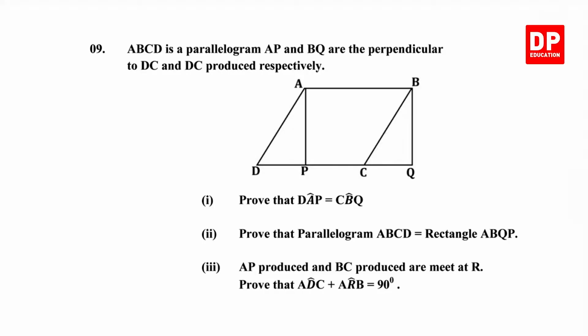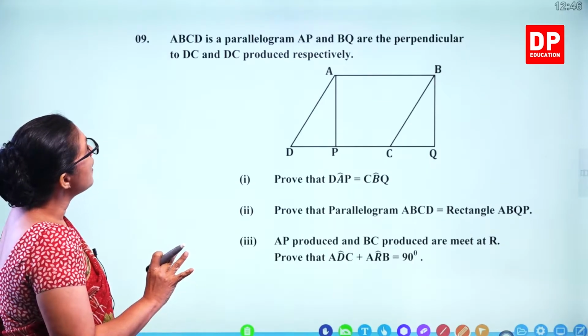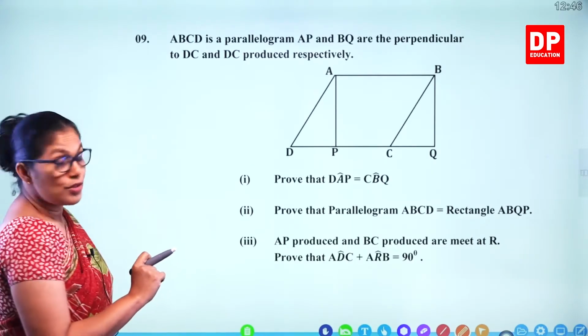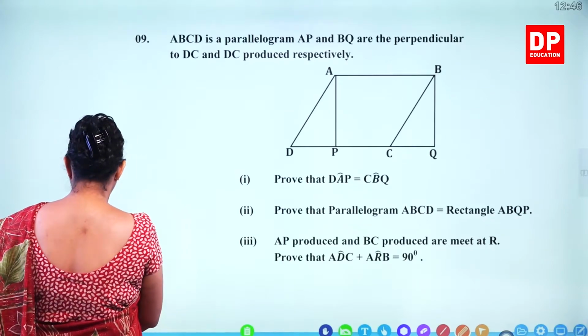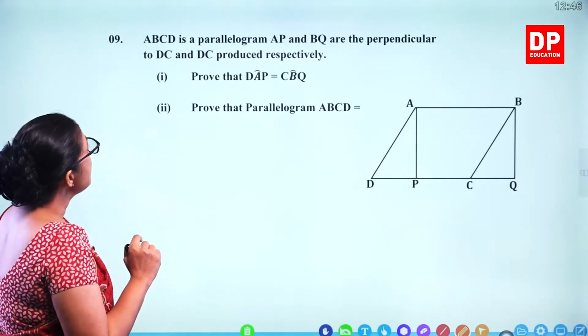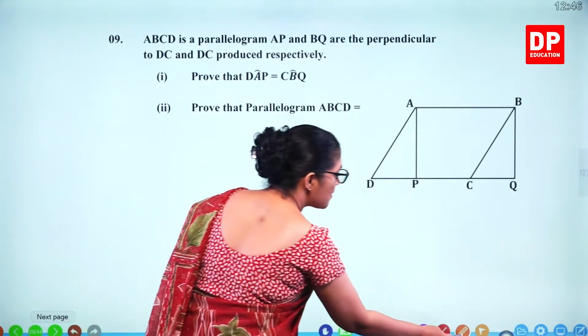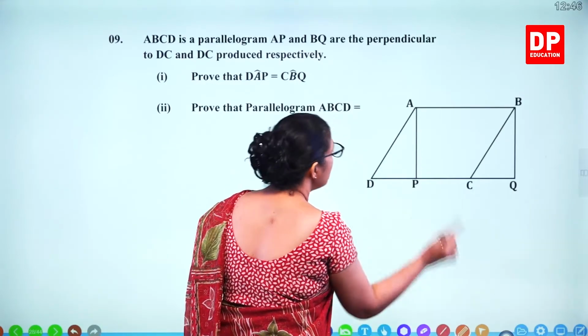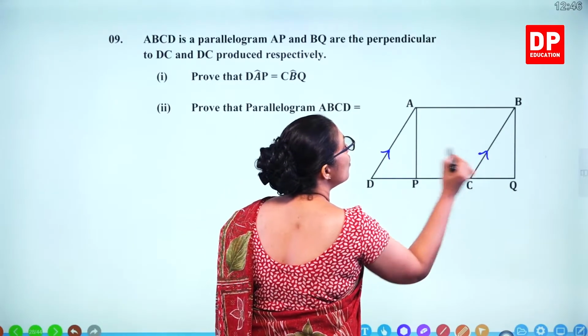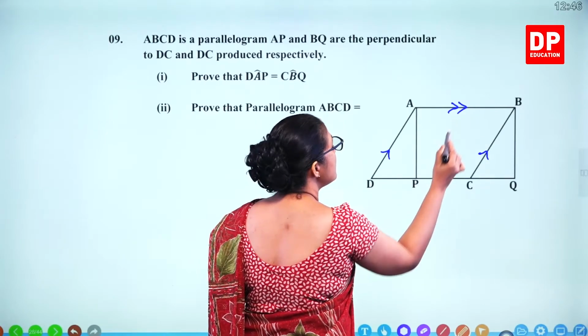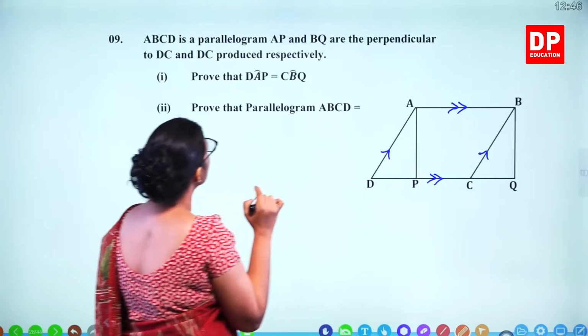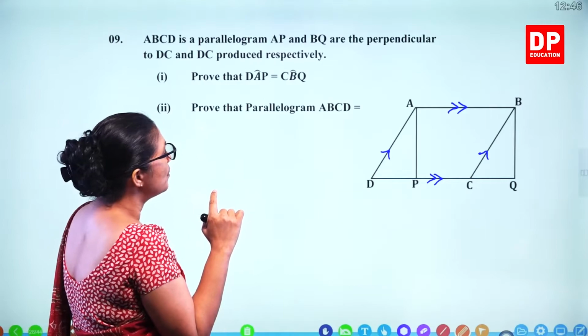Question number 9, this is about proving. So 2 shapes are there, a parallelogram. We'll try to do this. ABCD is a parallelogram, so that means we can mark these 2 lengths as parallel, and these as parallel.